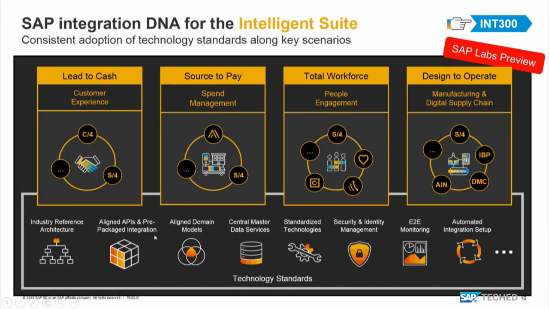And we will have all the APIs that connect these applications aligned so that the semantics and the meaning really of the respective business objects and their operations will be exactly the same on the left and on the right-hand side of the API, of the integration. And we achieve that by aligning our domain models.